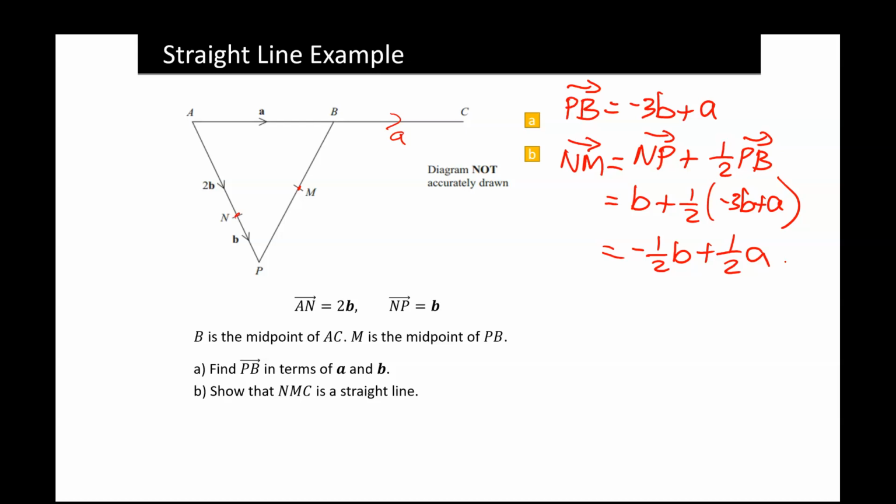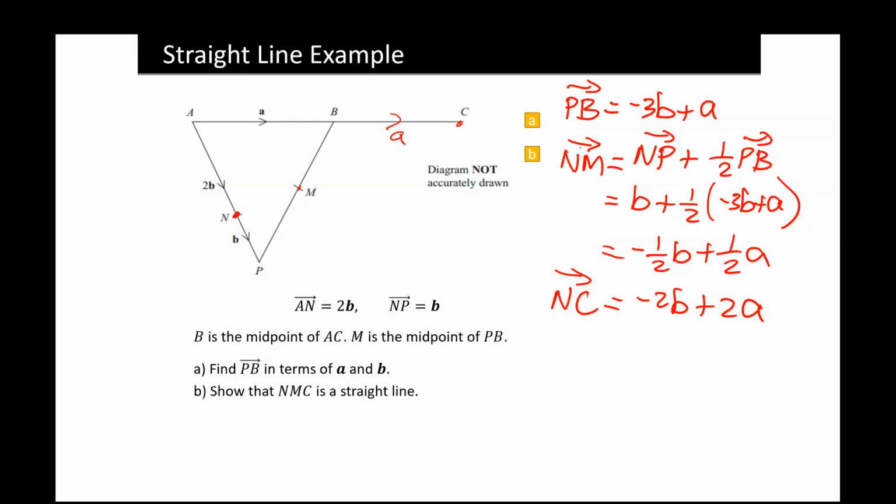Okay, well that doesn't really help us at all at the moment, so we need to then work out NC. NC, oh right, okay, well that's going to be fairly straightforward because that's from there to there, but we basically know that's minus 2B plus 2A. Okay, so they are a multiple of each other, and they both go through the same point, so therefore they're on a straight line.